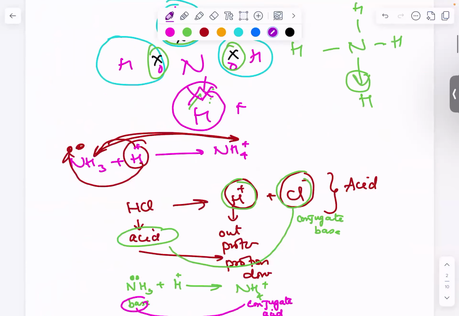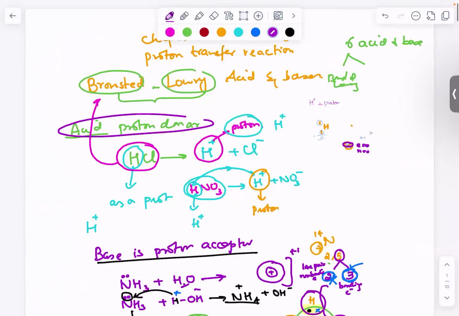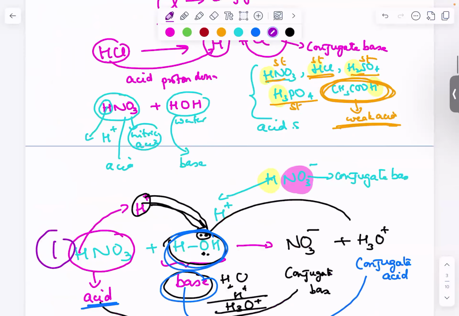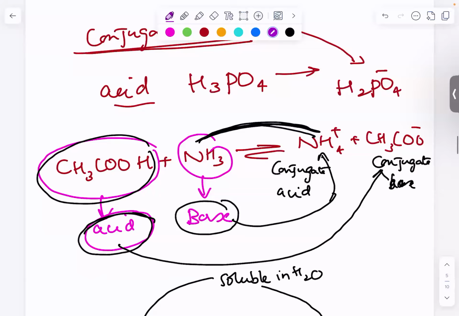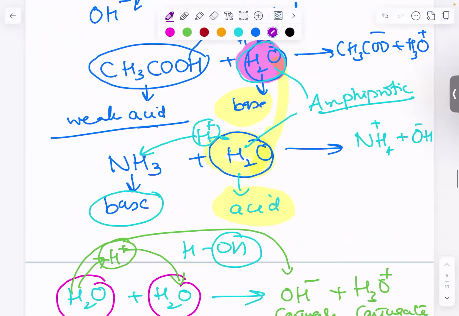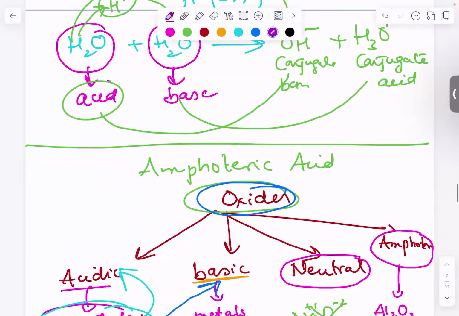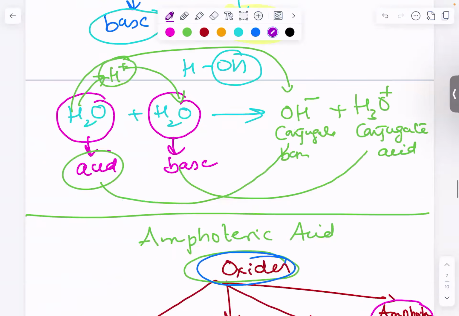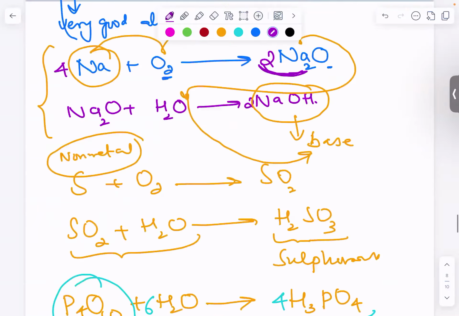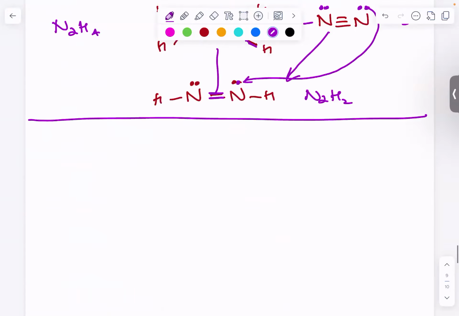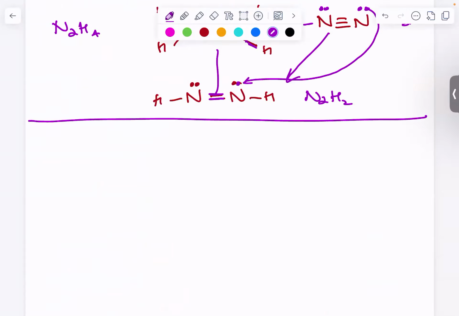This is about alkali. This is amphoteric oxide, basic oxide. We did that, I don't remember where. Alright, amphiprotic species: some species can act both as a Bronsted-Lowry acid and a base.